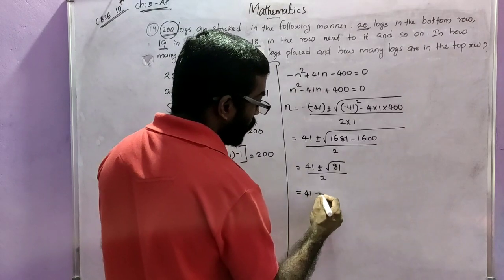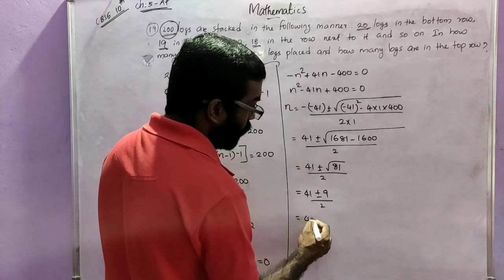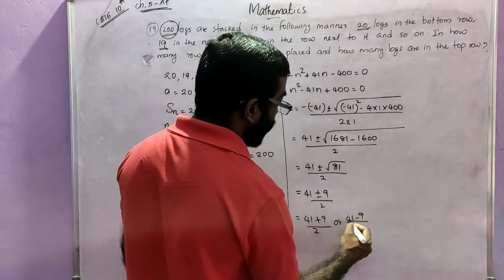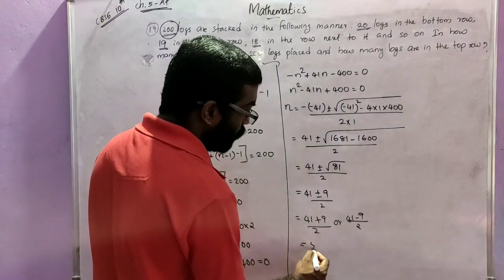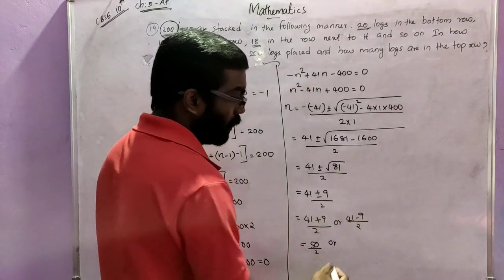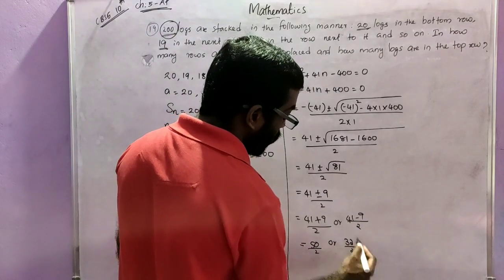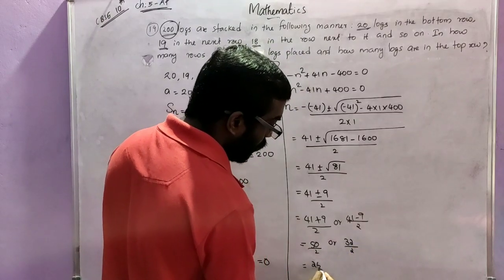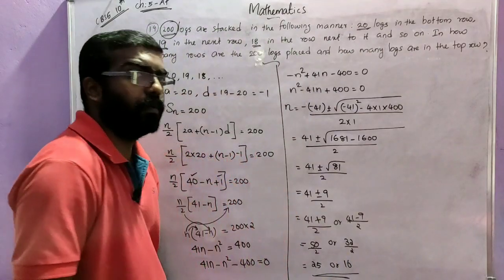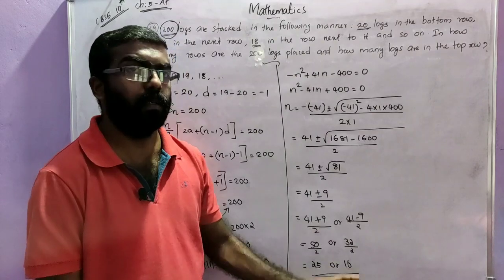That is 41 plus or minus root 81, which is 9, divided by 2. 41 plus 9 divided by 2 or 41 minus 9 divided by 2. That is 50 divided by 2 or 41 minus 9, 41 minus 9 is 32 divided by 2. That is 25 or 16. Okay. So we got the value of n as 25 or 16.